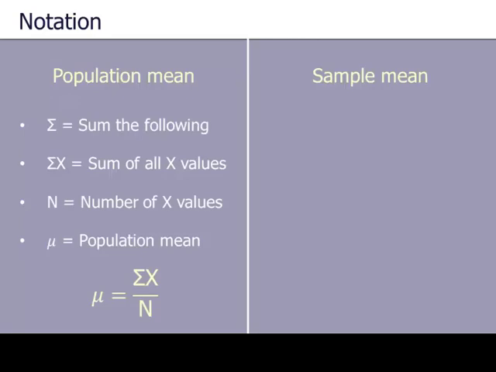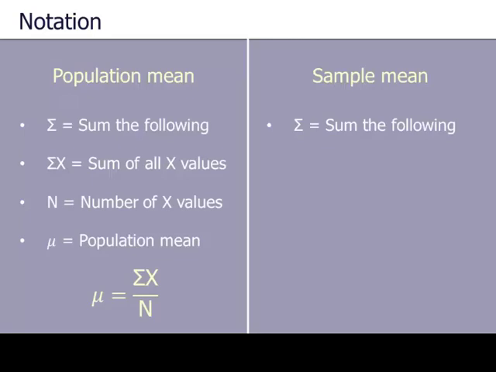This formula simply says that the population mean is equal to the sum of all population values divided by the number of population values. Notation for the sample mean uses the same uppercase sigma for summation. After that, things are similar but not exactly the same.